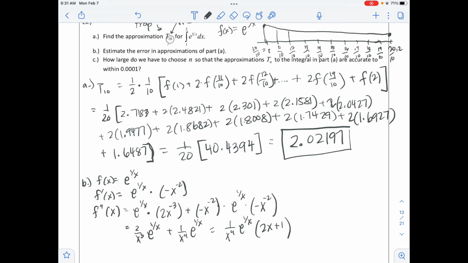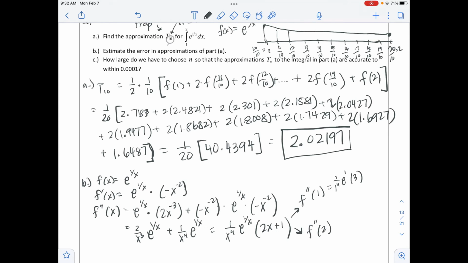And so we're going to look at our second derivative here, evaluating at our endpoints, and you should see that our function is decreasing and concave up. Looking at our values here, we're going to end up with 1 over 1 to the fourth e to the first times 3.